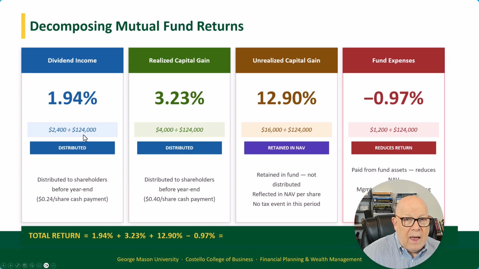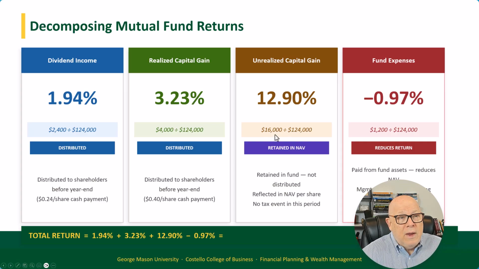If we divide that by the $124,000 starting value, we earned about 1.94% from the dividends that were accumulated during the year, and we're going to end up distributing those. We had, recall, $4,000 in gains on the one security C that we sold, divided by the beginning value of $124,000. So that works out to be a 3.23% gain.